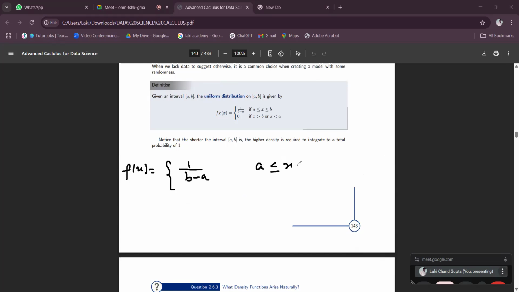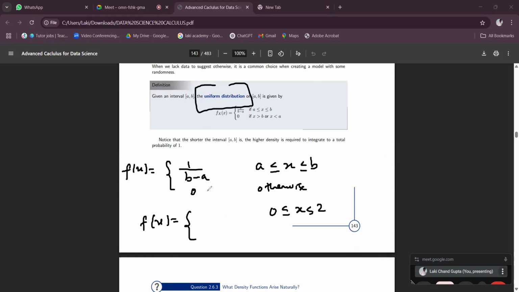Yes, if x lies from a to b, and zero otherwise. For example, if x lies from 0 to 2, what is the PDF of the uniform distribution?